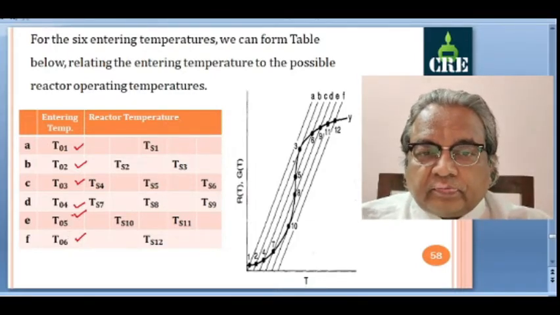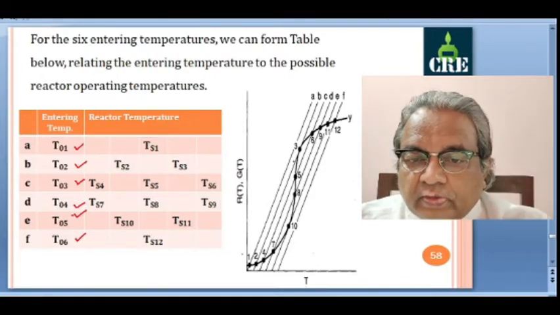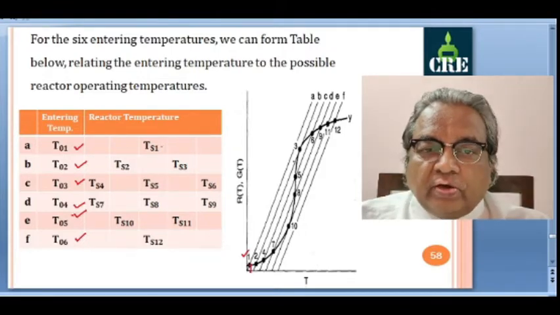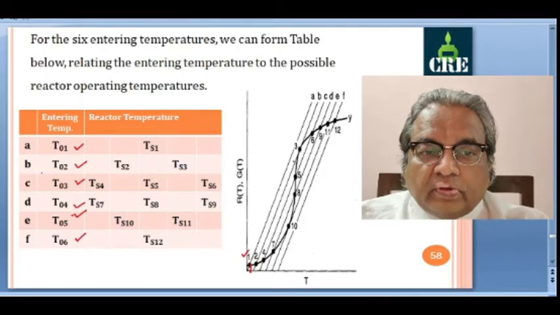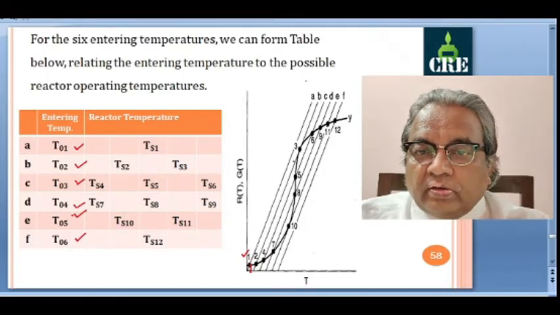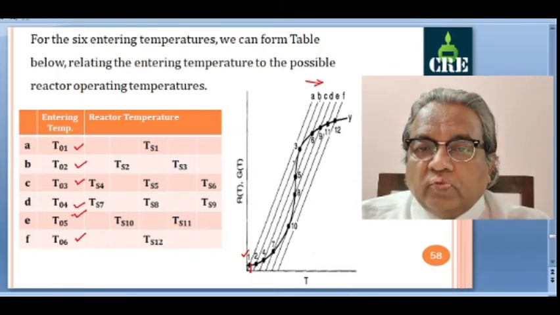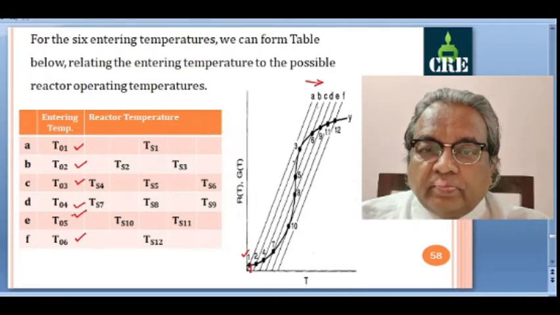And here we are noting the steady states. For T01, this is Ts1, corresponding to this only one point of intersection. So we have only one point here. Further we are shifting in this direction. The removal line B at T02 corresponds to Tc2.